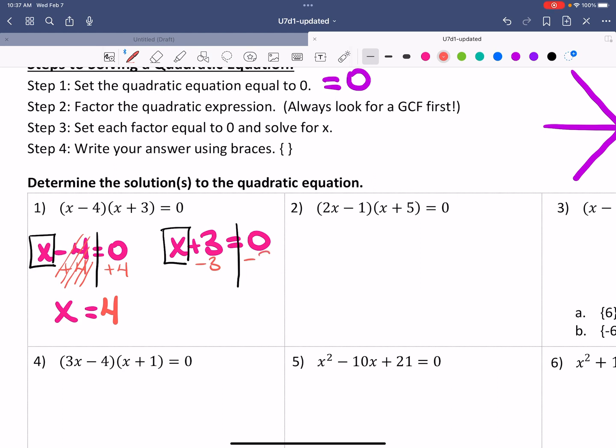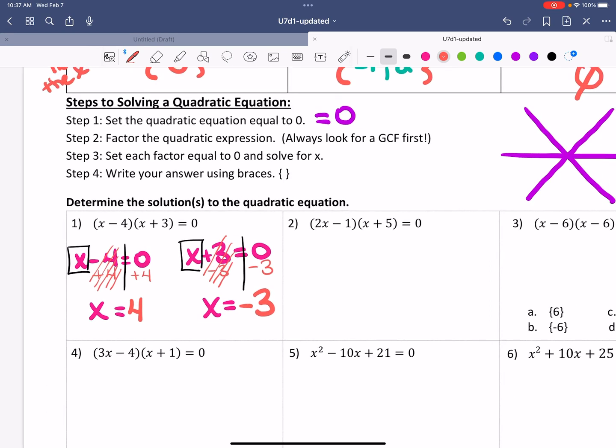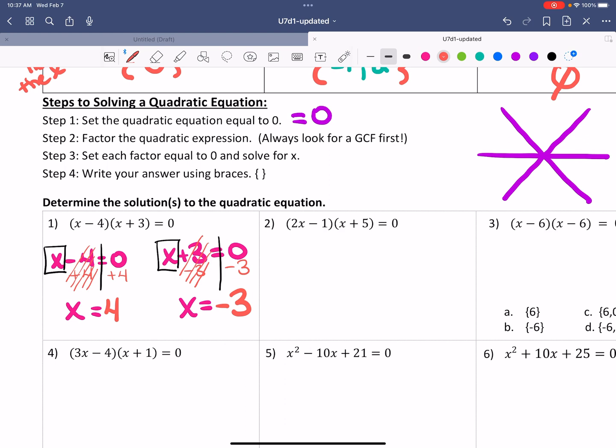What you do to one side, you do to both sides. Opposites will zero out. Your x will drop down. And then simplify that right side, 0 minus 3. If you need to, then type it into Desmos. 0 minus 3 becomes -3.